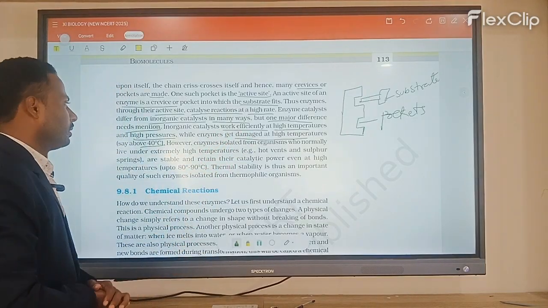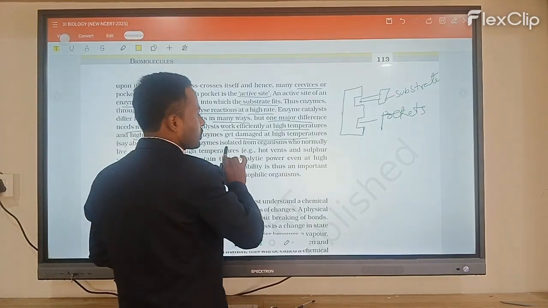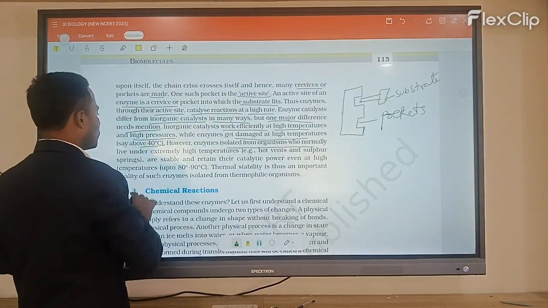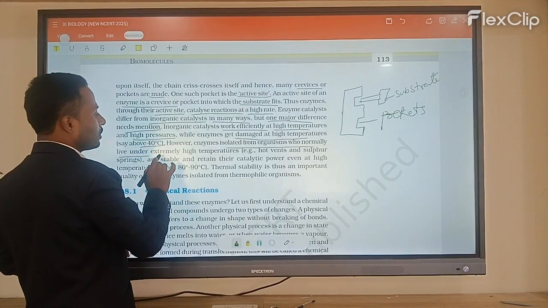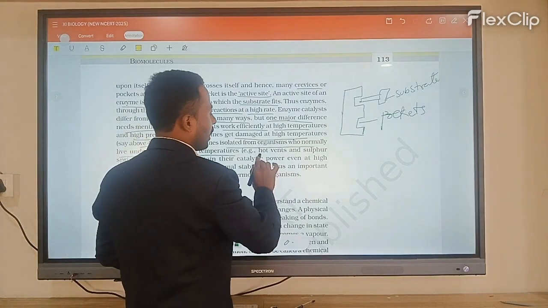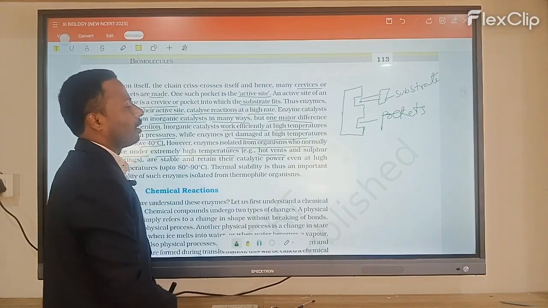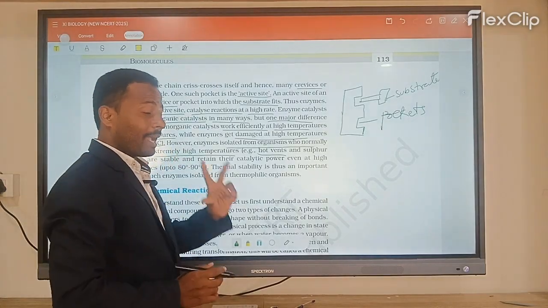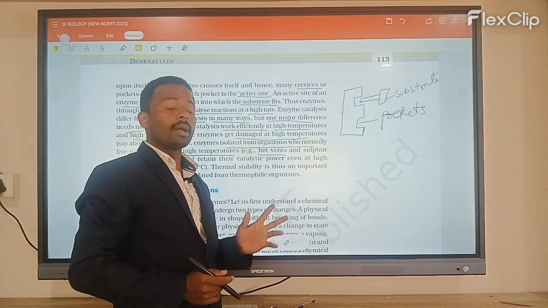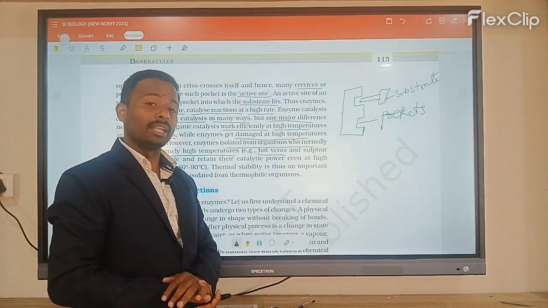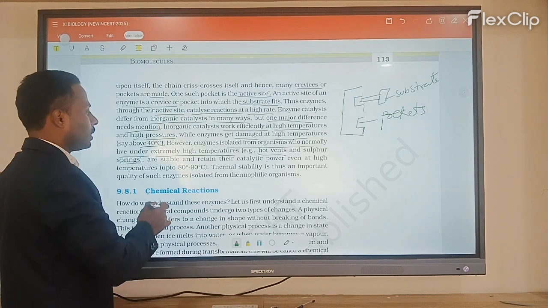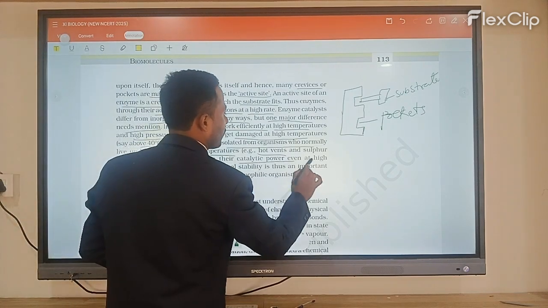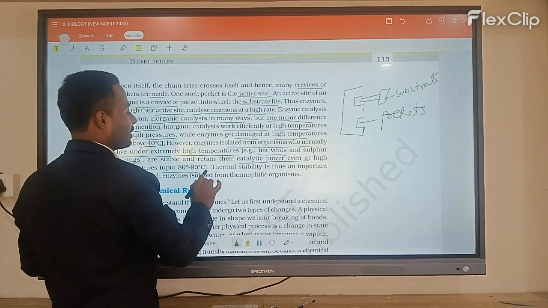However, some enzymes are isolated from organisms that normally live under extremely high temperatures, for example hot vents and sulfur springs. Some bacteria and their enzymes grow in such high-temperature regions. These enzymes are stable and retain their catalytic power even at temperatures of 80 to 90 degrees.